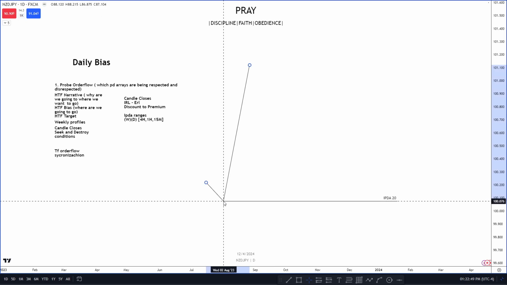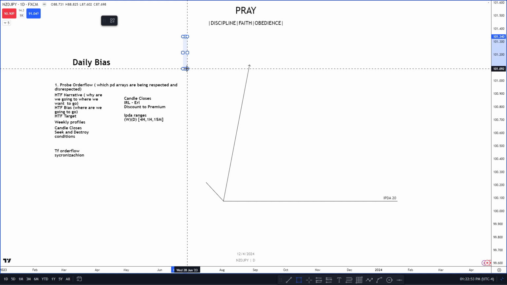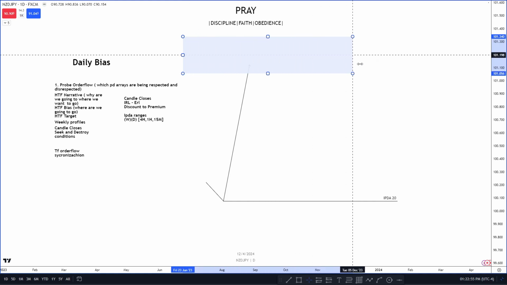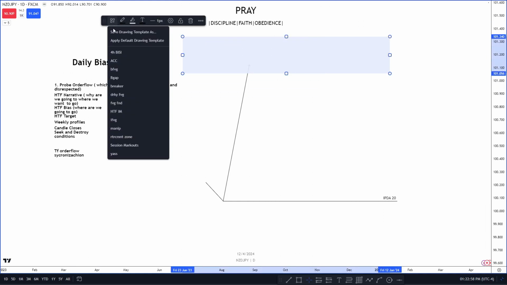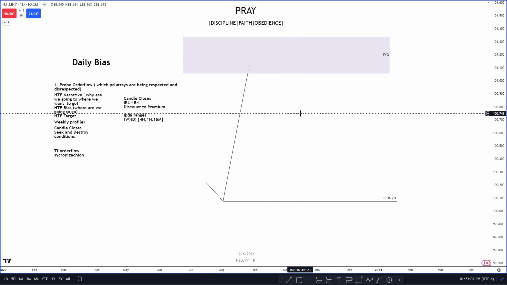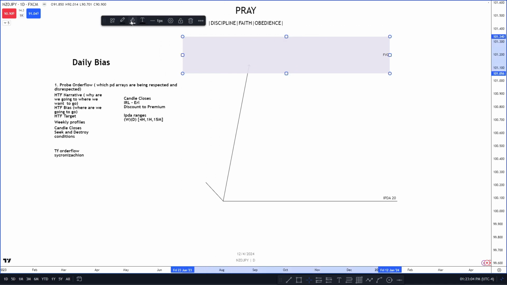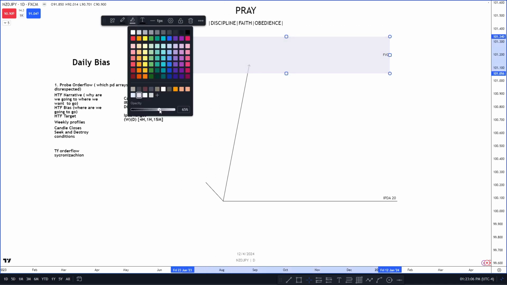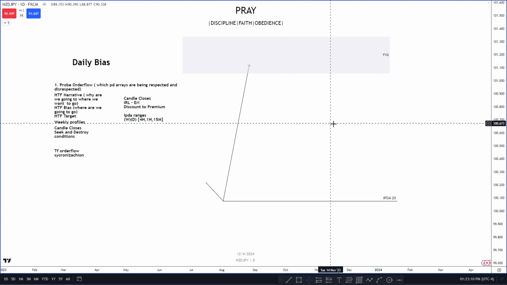This is our IFTA 20. We hit a high time frame PD array, right? Which is also internal range liquidity, right? So this is how you can start to overstack these confluences. Let me turn the opacity down on that a bit.